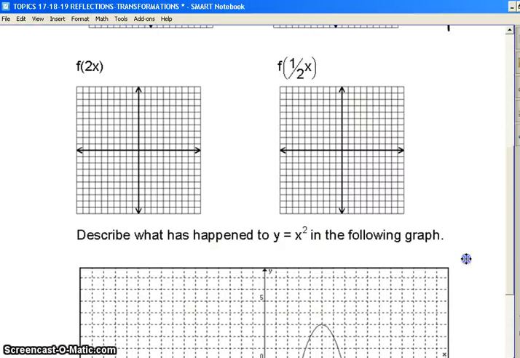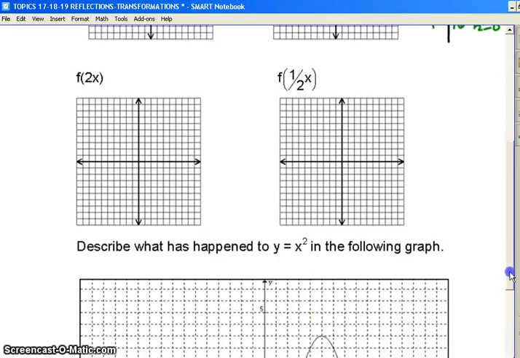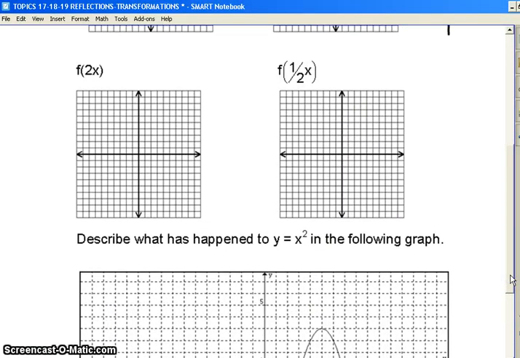Okay, on these next two examples, rather than multiplying the entire function by a number, we're going to multiply the x by a number and see what happens.